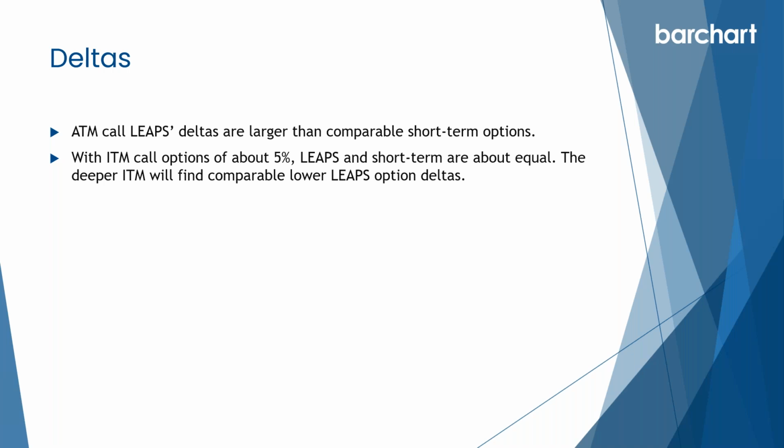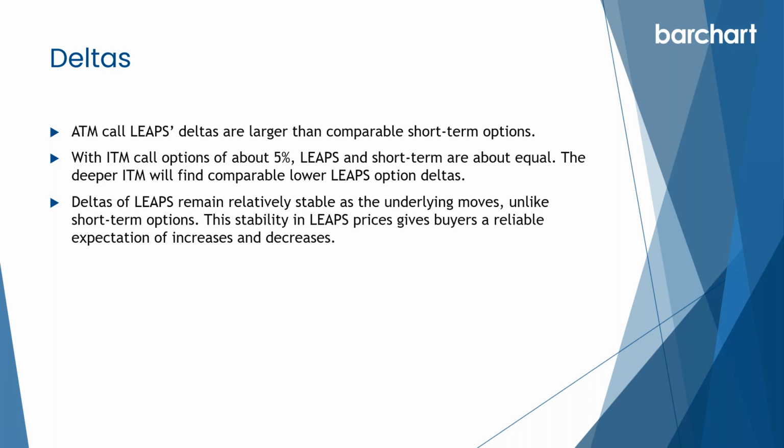I'm just saying that the relationship of in the money deltas versus LEAPS and shorter terms are going to favor shorter terms. So if you think a stock is going to move in a short period of time, it's more advantageous to be trading short-term options. LEAP options deltas are more consistent, more stable, right? They don't move as much with the volatility of the underlying.